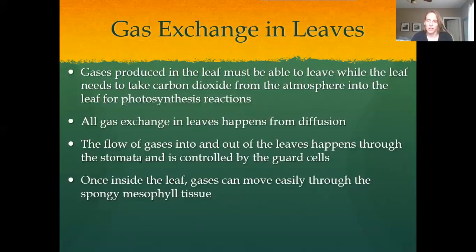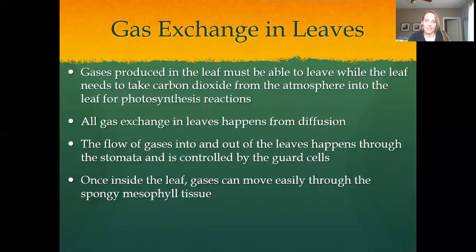So for instance, if we're talking about photosynthesis happening, the oxygen that's produced from photosynthesis builds up inside the leaf until there is a higher concentration of oxygen inside the leaf than what is in the atmosphere. And so the oxygen diffuses from the high concentration area in the leaf to the low concentration area of the atmosphere.